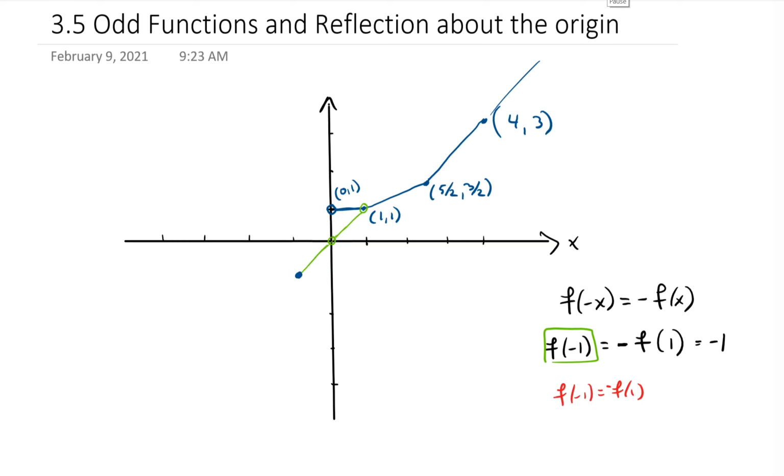So (1, 1) gets sent onto (-1, -1) by essentially reflecting the point (1, 1) across the origin. Okay, and I'm going to do the same with the other points. For example, this one, you draw a line like this, and if you extend it, you're going to end up at (-5/2, 3/2).